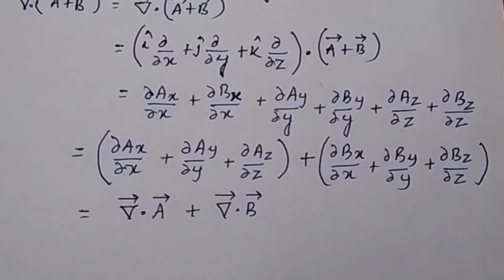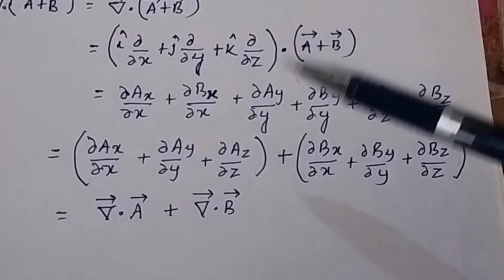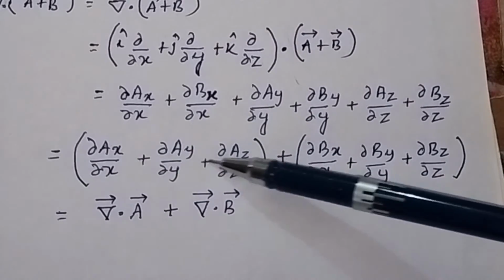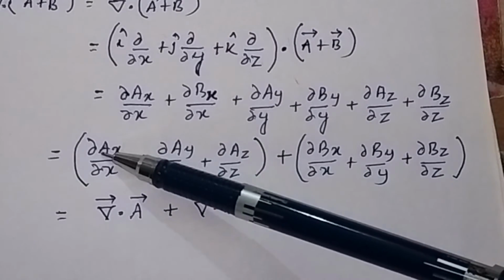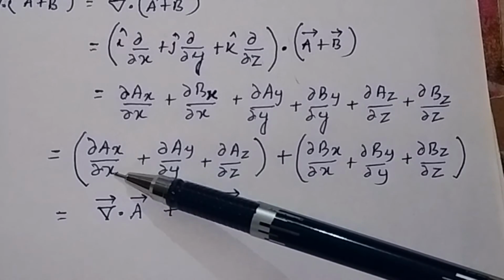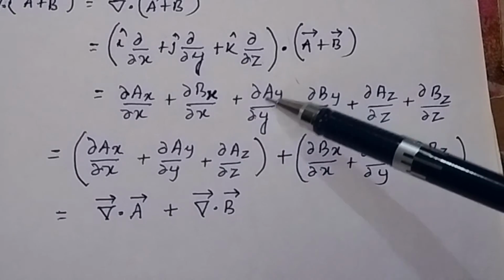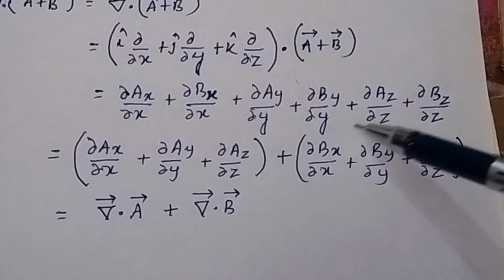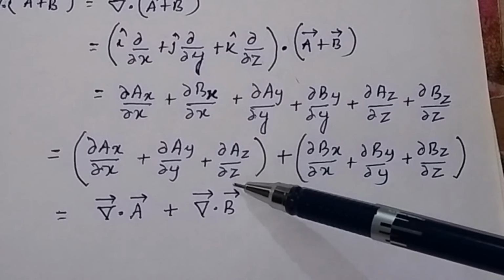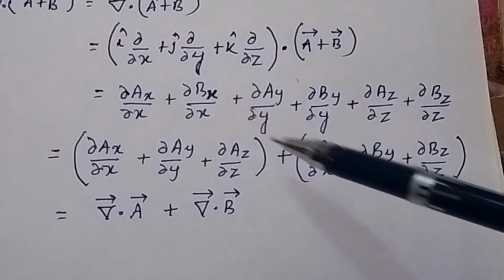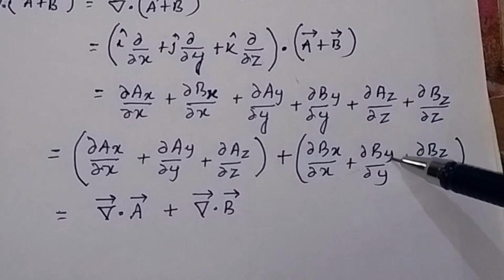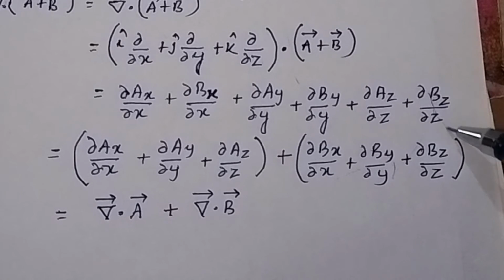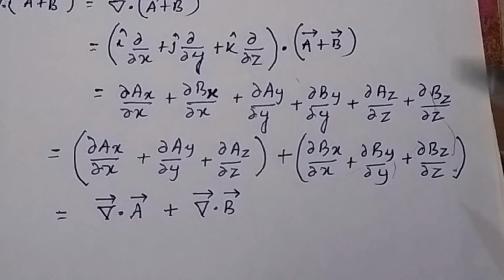So if you simplify it, you take the a terms on this side and the b terms on this side. This will be equal to partial derivative of ax with respect to x plus partial derivative of ay with respect to y plus partial derivative of az with respect to z, plus partial derivative of bx with respect to x plus partial derivative of by with respect to y plus partial derivative of bz with respect to z.